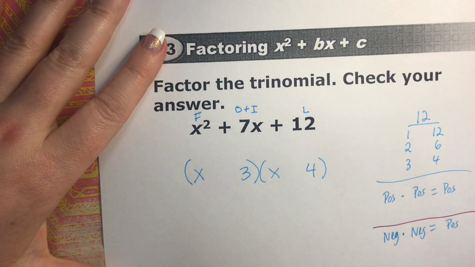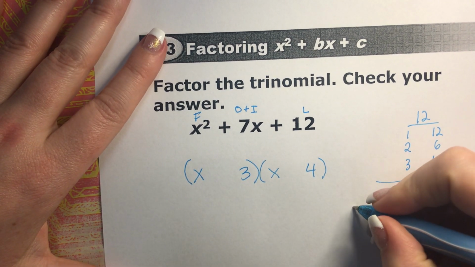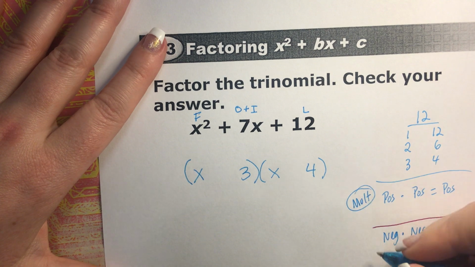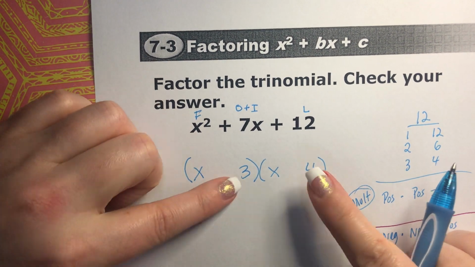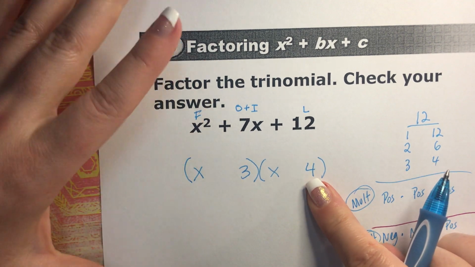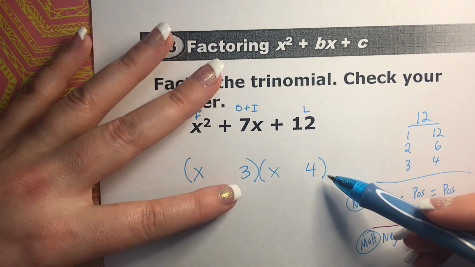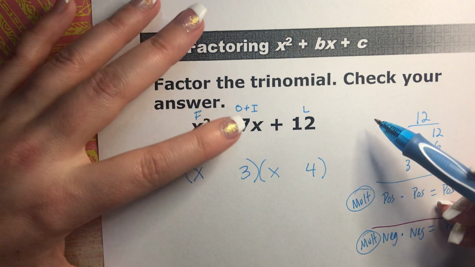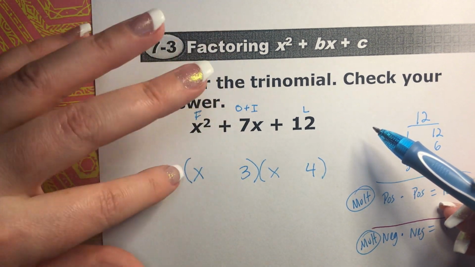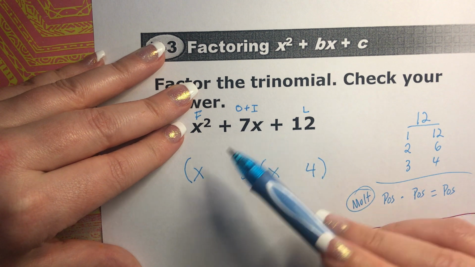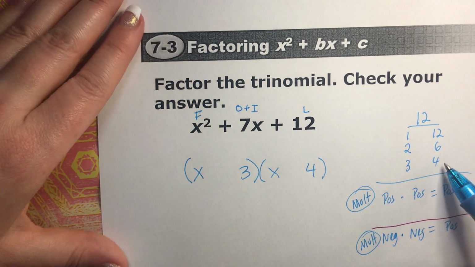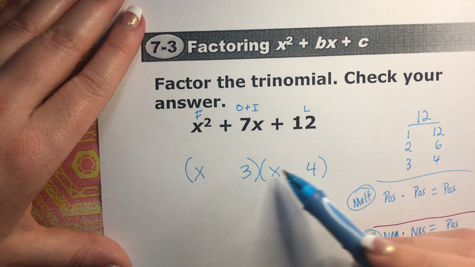Okay, so this is going to be multiplying. I'm multiplying here, I'm multiplying here. But these have a kind of double duty, right? Because this is the last, but it's also used to get this middle number. It's a combination of the outside and the inside to get this middle number. That's how I get the 7, but I'm also going to have to be adding.